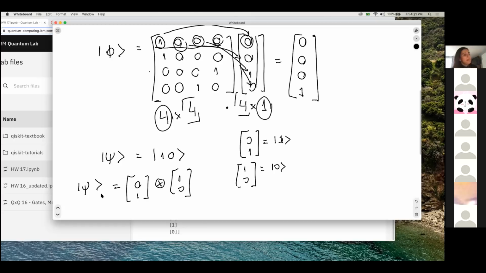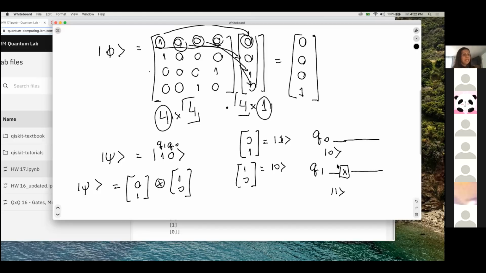It means I had an initial circuit like this before, where my Q1 was 1 and my Q0 was 0.